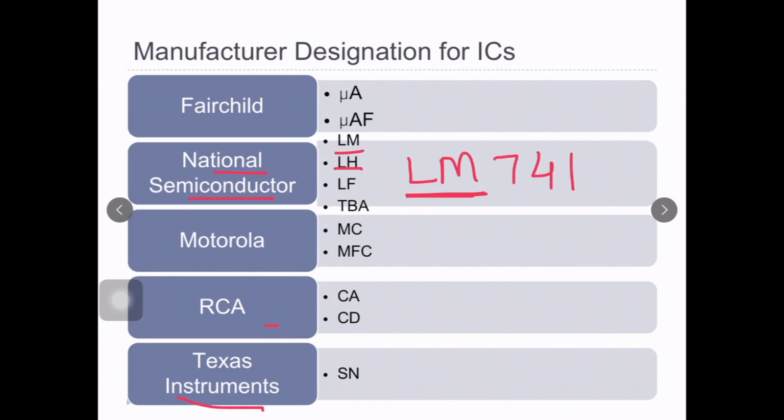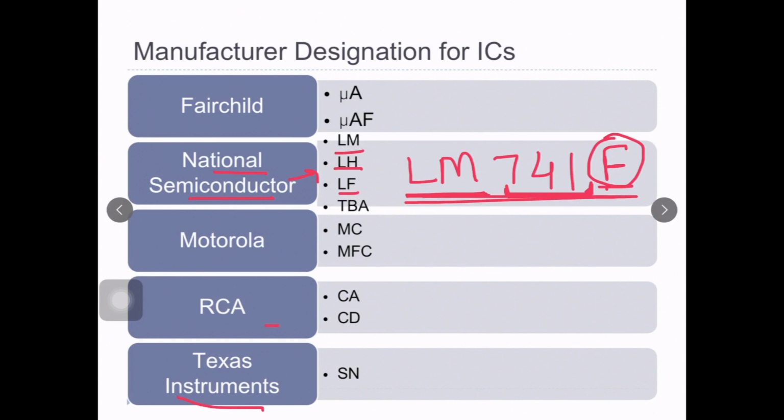LM, LHF, LF are from National Semiconductor, and 741 is an op-amp. So the number tells us the device or the circuit we are to use, and after the number the package type is also mentioned.